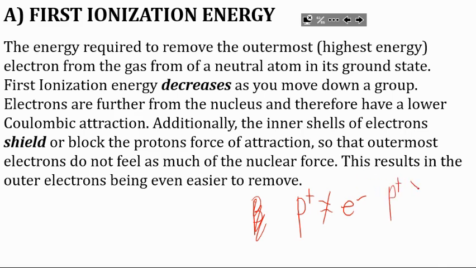If you have more protons than electrons, that is called a cation, and it has a positive charge. If it is the opposite, if you have more electrons than protons, it's an anion, and that is a negative charge. Remember those terms, I hope? Or you're learning them?